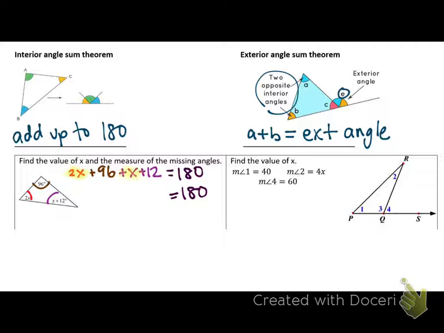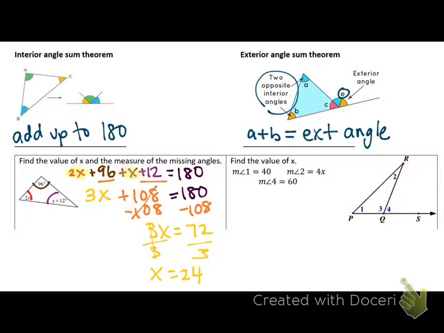Combine like terms: 2x and x make 3x. 96 and 12 make 108. Subtract 108, 3x equals 72. Divide by 3, and x is 24. So it says find the value of x, and then we're also going to find the angles that are missing.